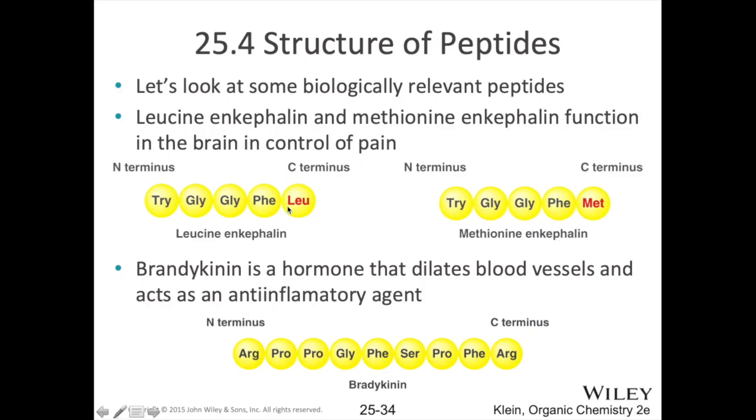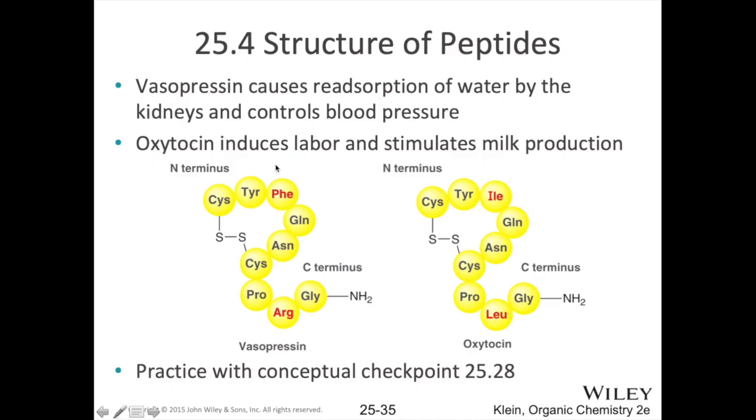Okay, now you can get some molecules that have similar functions, but if we look at this example here with vasopressin and oxytocin, you can see that just changing two amino acids in our chain gives us two different proteins with completely different functions.